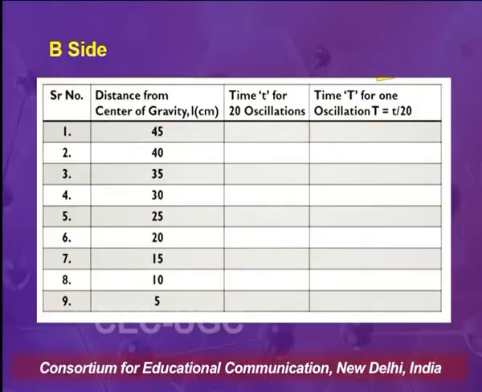Now we do the same thing for the B side, when the B side is up. Again, the distance from the center of gravity, small l, is 45, 40, 35, 30, 25, 20, 15, 10 and 5 centimeters. Again you repeat the same method. Note down the time for 20 oscillations.